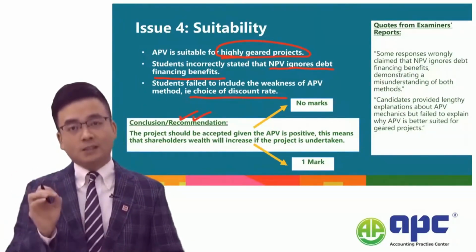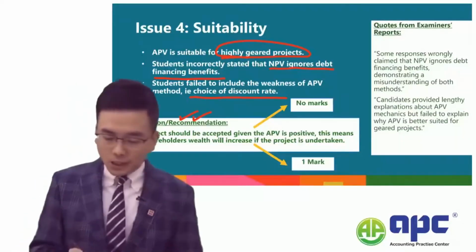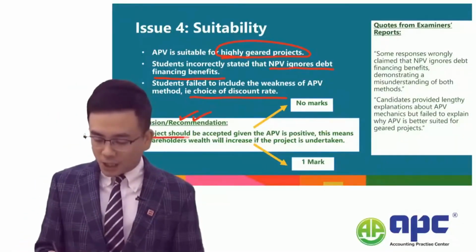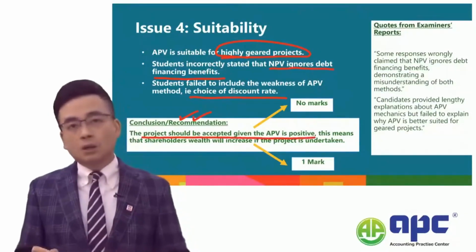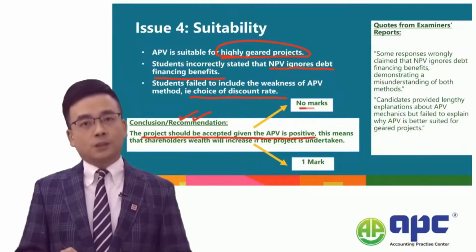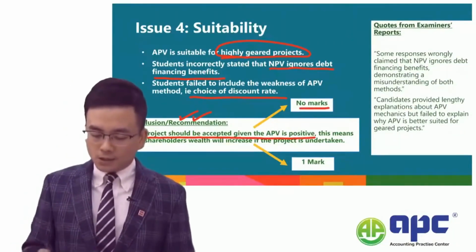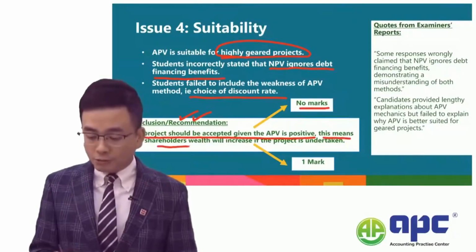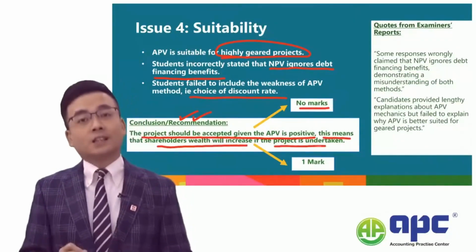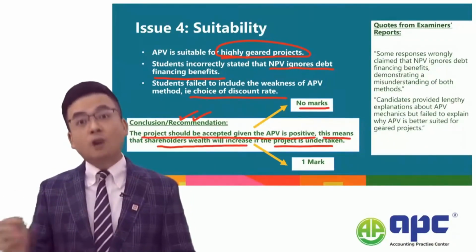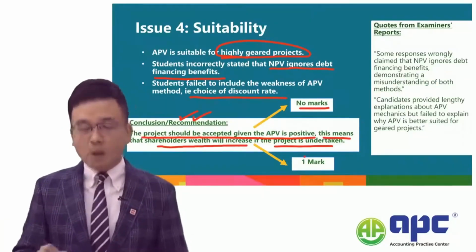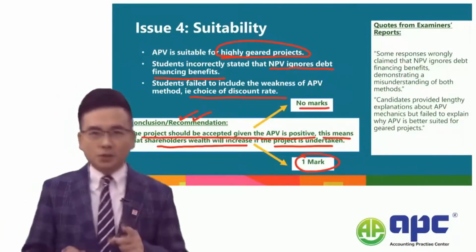Now, if you only say the first half of the sentence, that the project should be accepted given APV is positive, sorry, no marks for that. You will need to say, comma, this means that shareholders' wealth will increase if the project is undertaken. With the second half of the sentence, you will get 1 mark. So make sure that's the secret.